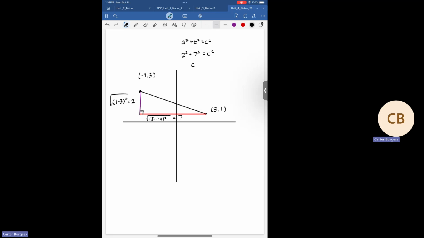We again have to adjust. This is the square root of 4 plus 49, which gives us the square root of 53. So we should say, rather, this distance is the square root of 53.